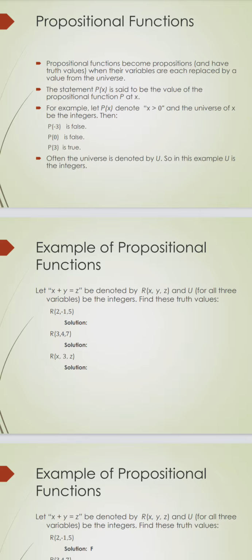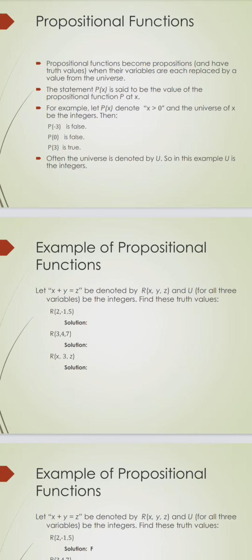Substitute these values into the equation x plus y equals z: x is 2, y is minus 1, and z is 5. Then x plus y is 2 minus 1, which is 1, and z is 5. This is not equal to 5, so this is a false example.